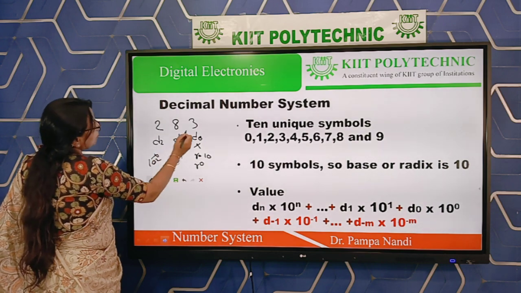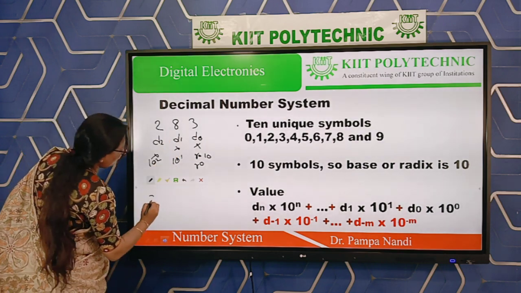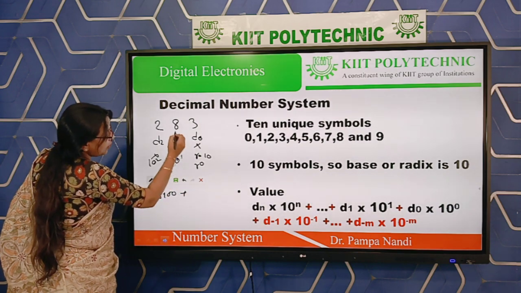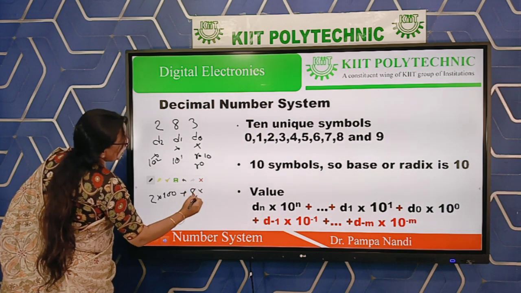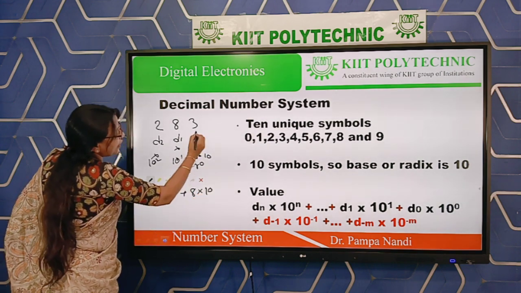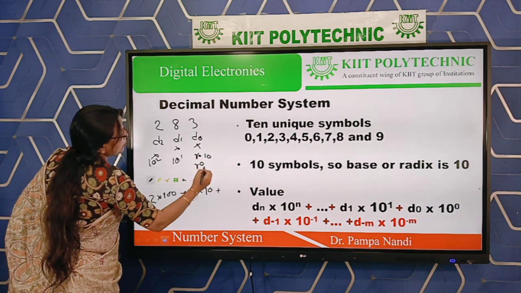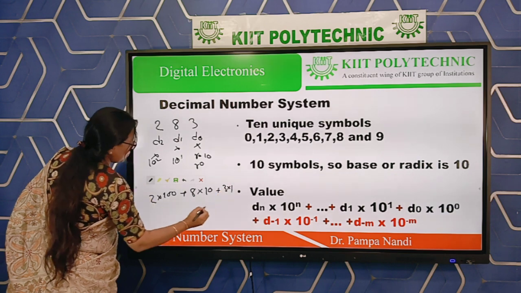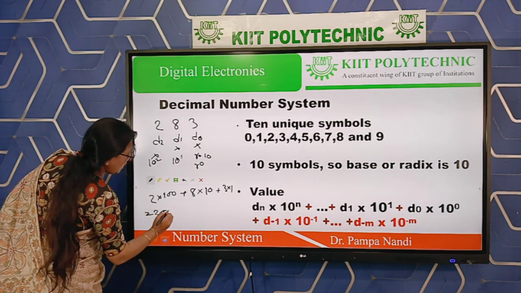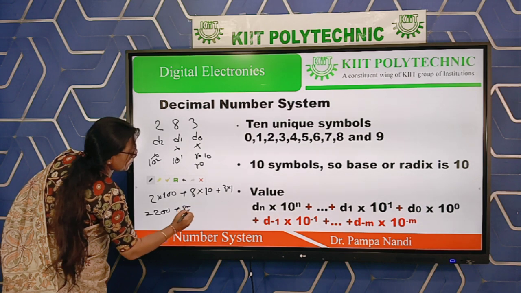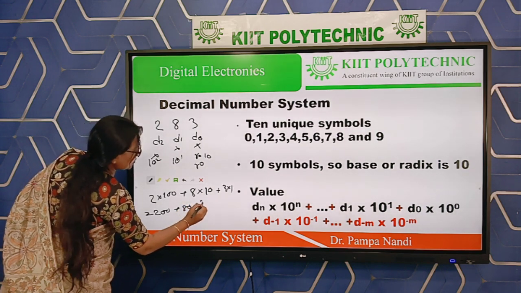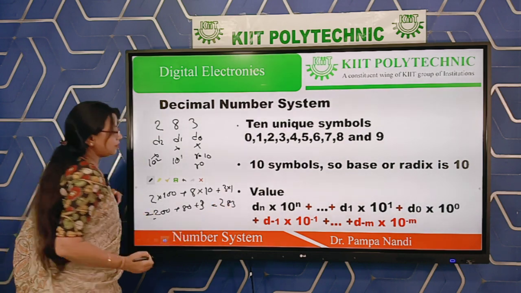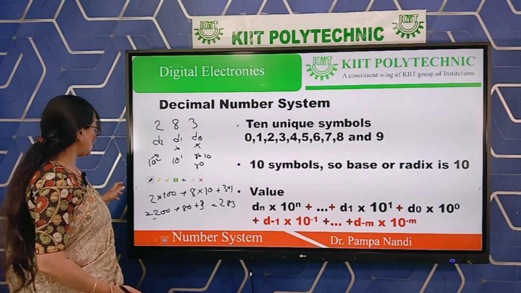Then how is the number formed? 2 multiplied by 100, plus D1 value 8 multiplied by 10 power 1, which is 10, and then the next one, 10 power 0, that is 1, 3 multiplied by 1. So the total is 200 plus 80 plus 3, which is 283. Okay, now it is clear how the number is forming.